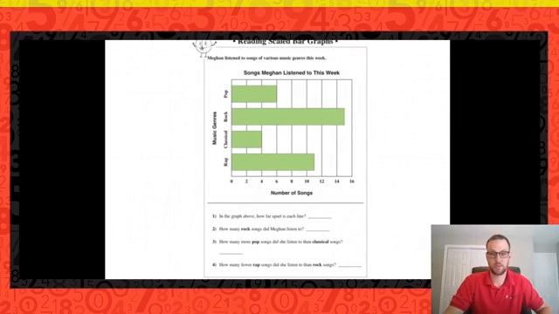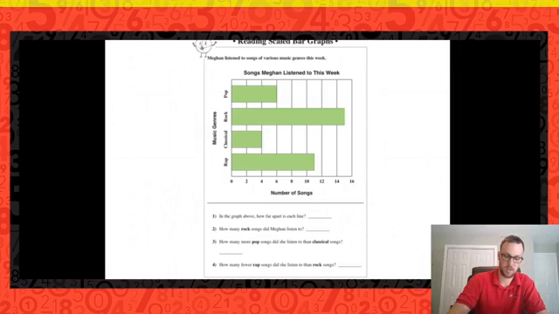Another couple of questions here. You see that Megan listened to various music genres this week. So that's what we've got here. It's telling us what songs she listened to. We've got our genres listed and the number of songs. So looking at our graph, how far apart is each line?